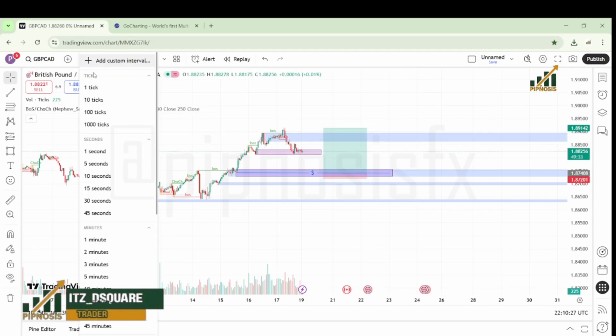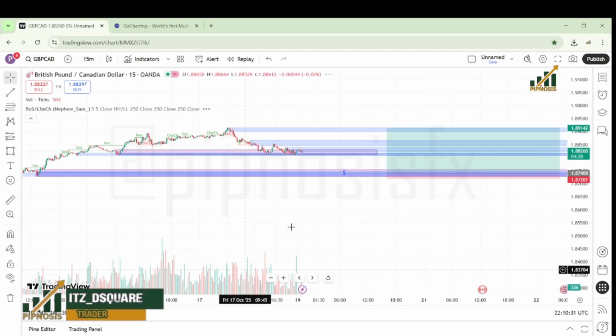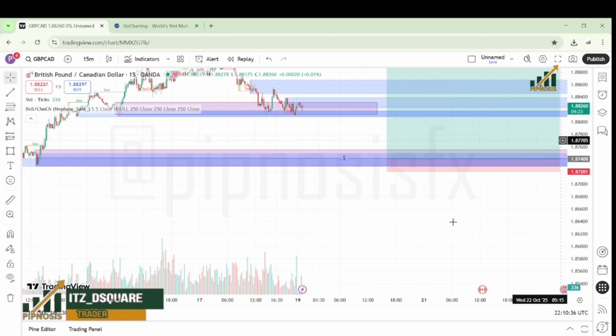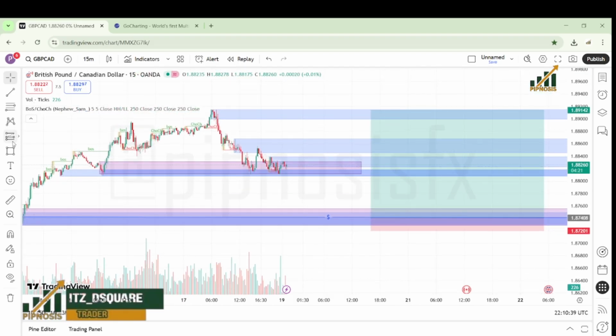On my last week's trade, this was where I took my entry from, but I also plotted this zone. But my entry was at this level here, around this level.